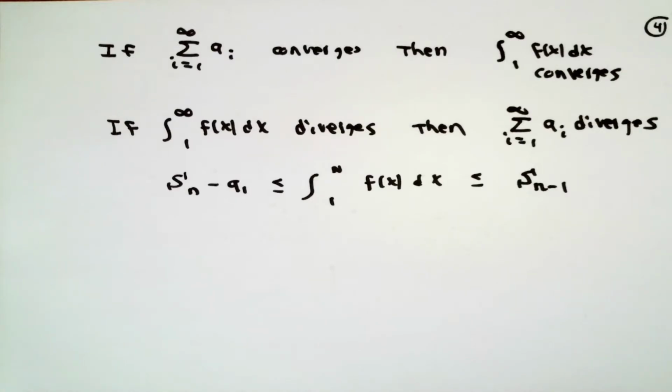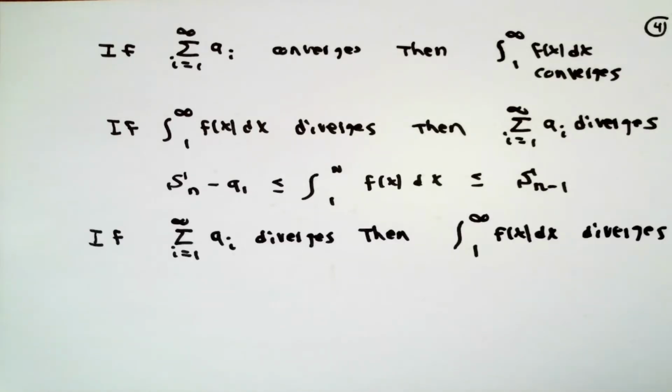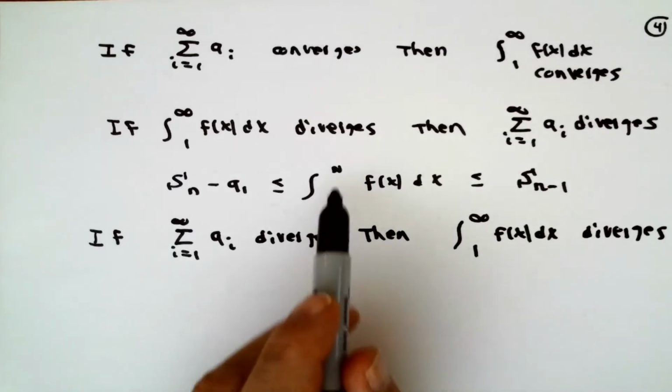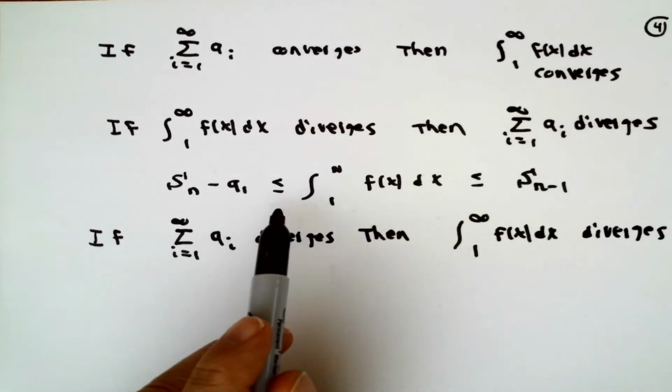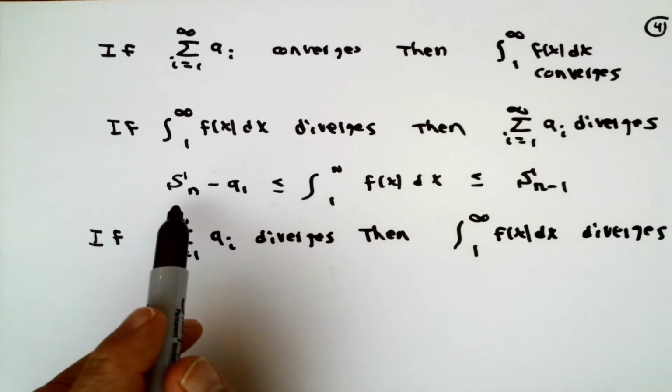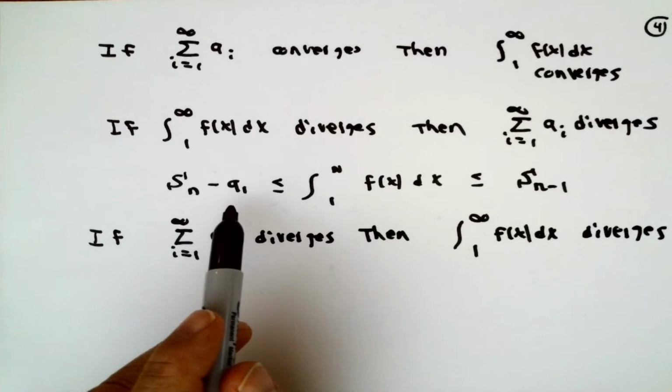So if the infinite series diverges, it must, in loose language, equal plus infinity, which means that by making the index big enough, you can make the partial sum as large as you care to make it. However, the integral from 1 to n of f of x dx is at least as big as one of these partial sums minus a constant.